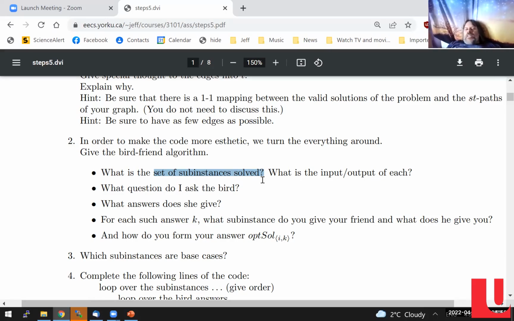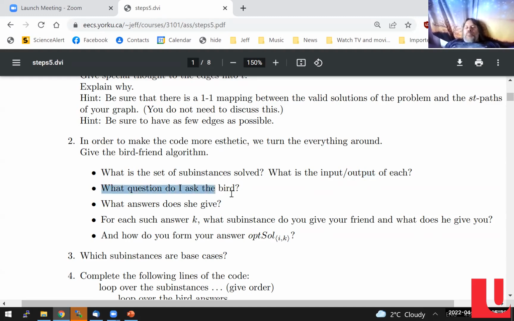The I is going to tell me which objects I need to put in the knapsack, and the V prime will tell me the volume of the knapsack so far. The input tells me the volume V prime of the knapsack, and it tells me I have the first I objects, and the output tells me which of those I objects I put in the knapsack.